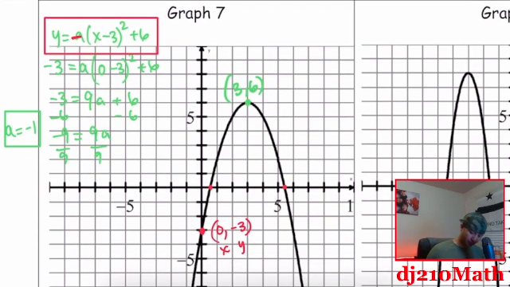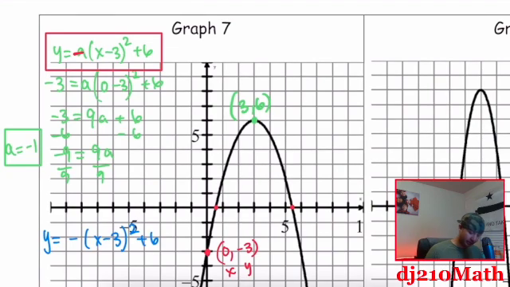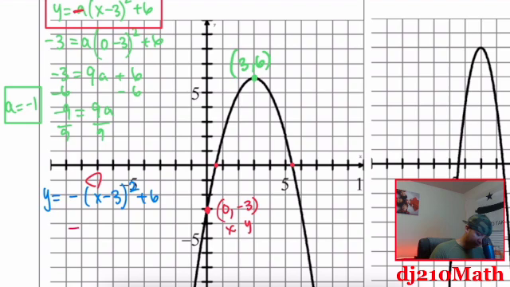Standard form, however, we take the vertex form and expand it all out. This is going to be y is equal to negative (x minus 3) squared plus 6. So we're squaring a binomial. So the trick, you got to get good at this. This one saves time, I promise you. So x squared, x times x. Negative 3 times negative 3, positive 9.